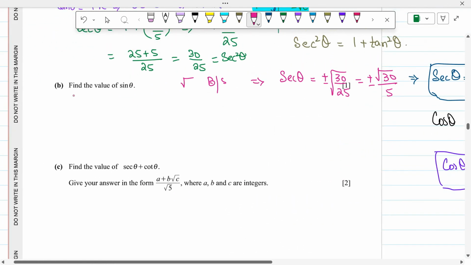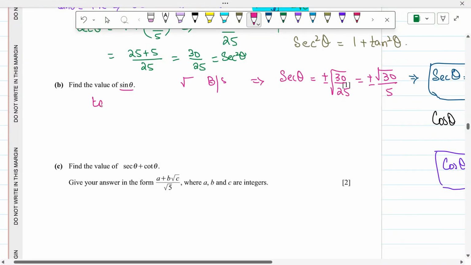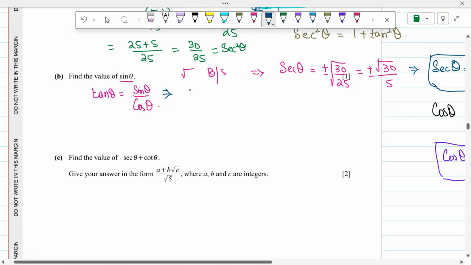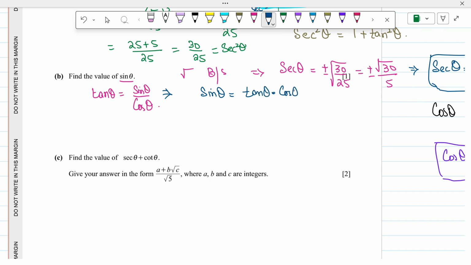Now again, find the value of sine of theta. We know that tangent of theta is equal to sine of theta over cos of theta. By cross multiplying, we will have sine of theta is equal to tangent of theta times cos of theta.